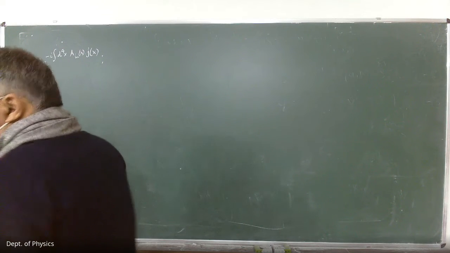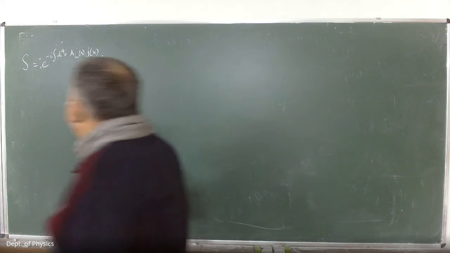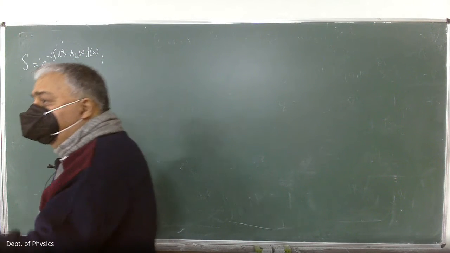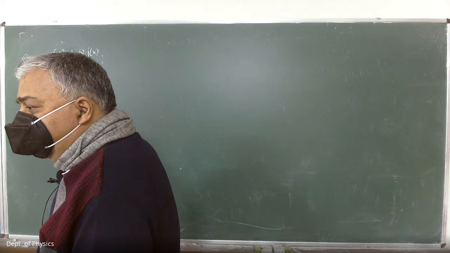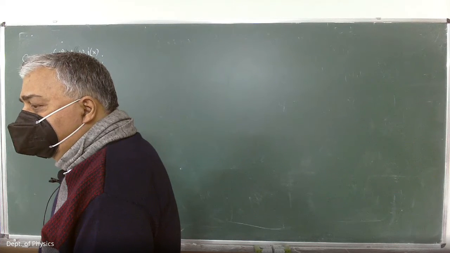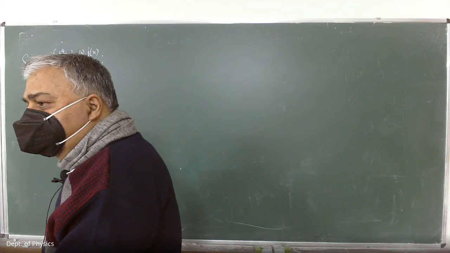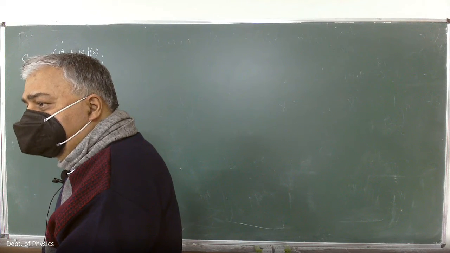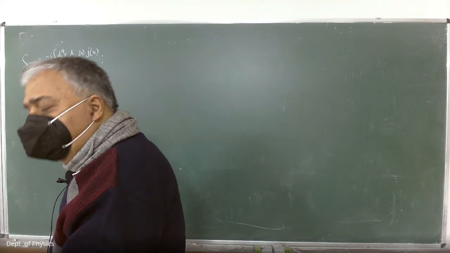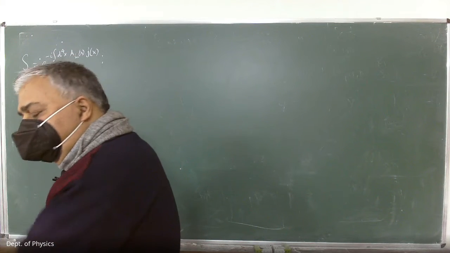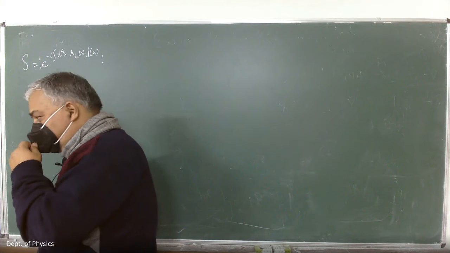Normal order means you are splitting the A's into a positive frequency part and a negative frequency part, and you are assuming that your A dagger part, the creation part, occurs on the left in the negative frequency part, and the positive frequency part occurs on the right.